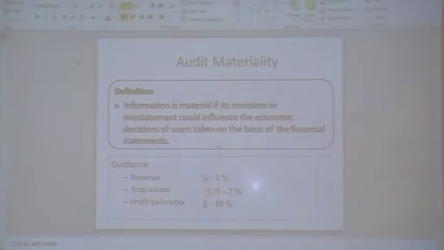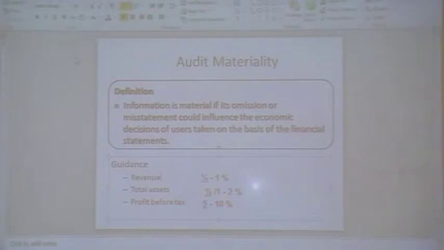It could mean that the company made a profit of 10,000 or a profit of 110,000. The 60 plus the 50, or the 60 minus the 50 brings you down to the 10. In this case, 50,000 would influence the economic decision of the user of the financial statements as per the International Accounting Standards Board definition above. Is that alright, yeah?